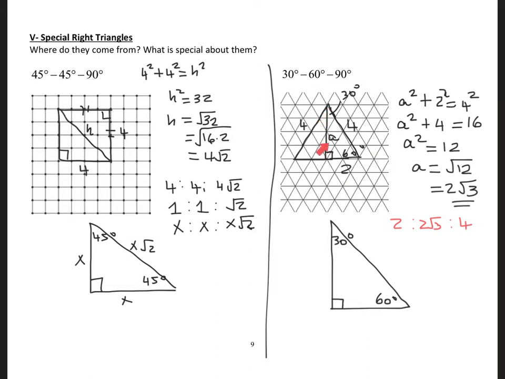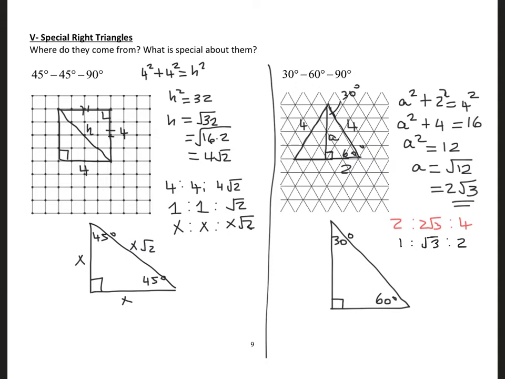Then we have the long leg. These two are legs: the short leg and the long leg. The long leg is 2 square root of 3, and then the hypotenuse is 4. So you can see the relationship here. If I divide everything by 2, you get 1, square root of 3, and 2.